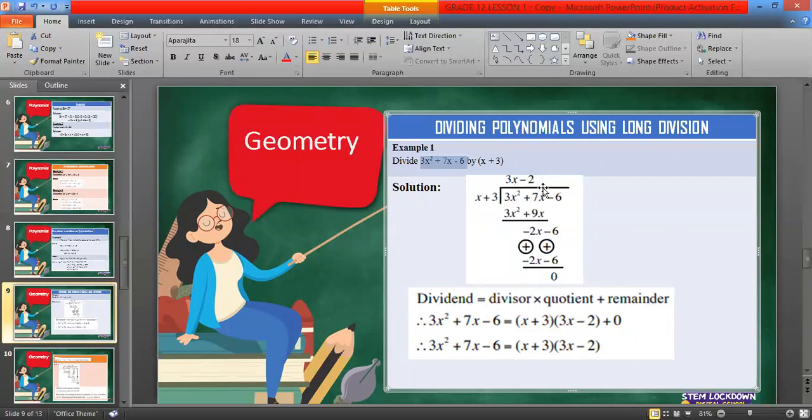In this case, our dividend is 3x squared plus 7x minus 6. When you multiply these two together and add the 0 remainder, it should be equal. So this is our answer: when you divide 3x squared plus 7x minus 6 by x plus 3, you get 3x minus 2. Hope you understand that.